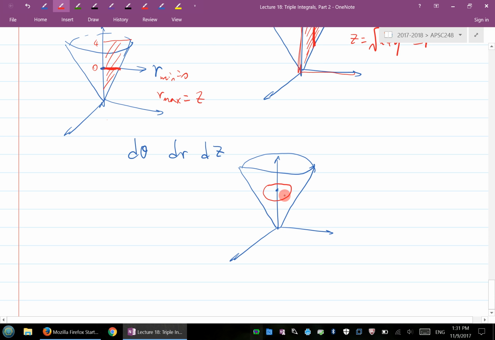Can you imagine that? Inside the cone, you create a circle. That's basically sweeping around the theta axis direction. And then what's the next step? It's r. That circle will go from the z-axis all the way to expand to the edge of the surface of the cone.